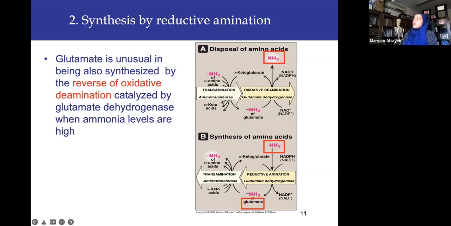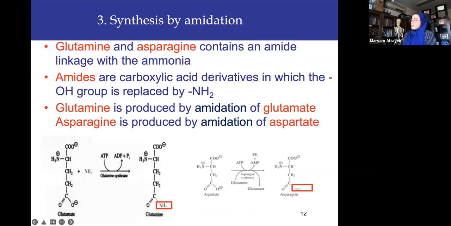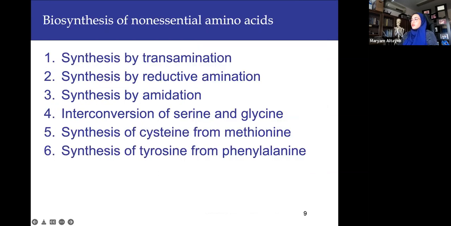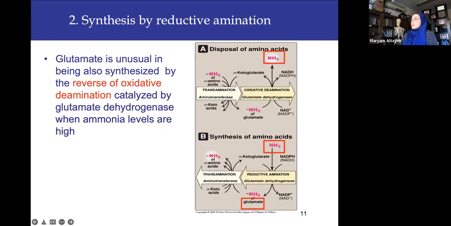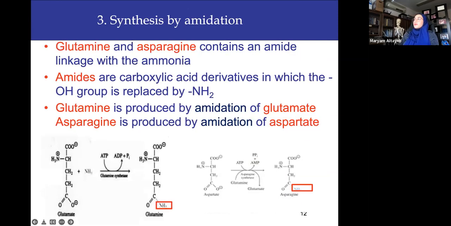I'll ask you guys a question later about alpha ketoglutarate to glutamate, but I just answered it. So, synthesis by amidation. In amidation, we're adding a secondary amide group. So why is that different? You have glutamate and glutamine, and they're not the exact same amino acid, they're different.